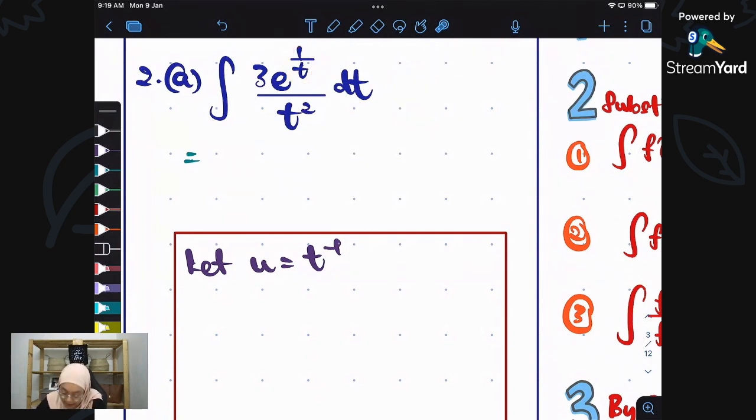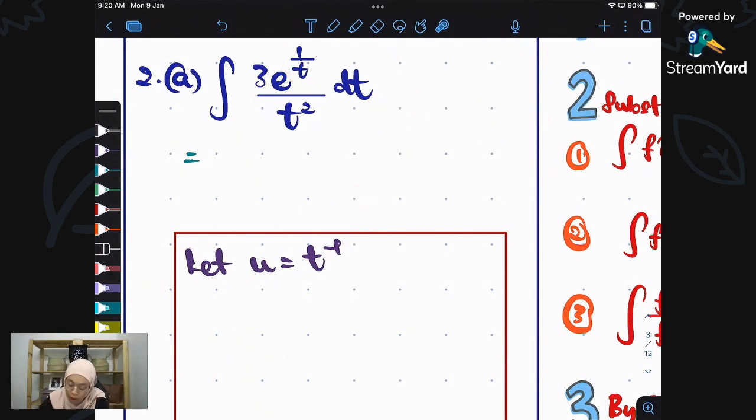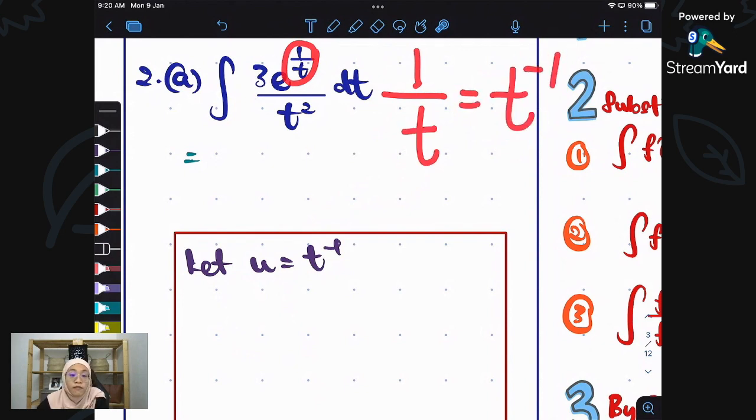But before we let u, we want to change this 1 over t to t to the power of negative 1. Why? Because it is easier to differentiate here, to differentiate du with respect to x. It's easier. That's why we change the power of the exponent 1 over t into t to the power of negative 1.